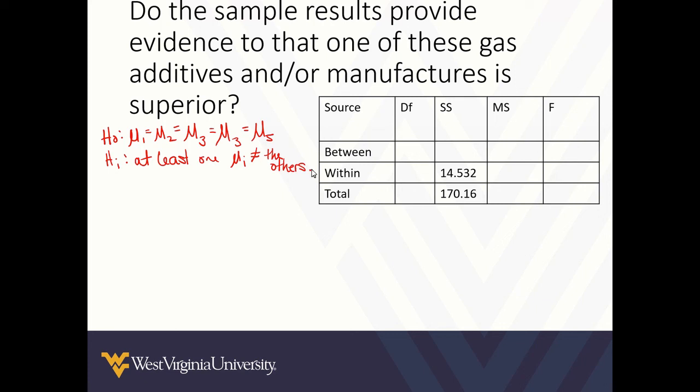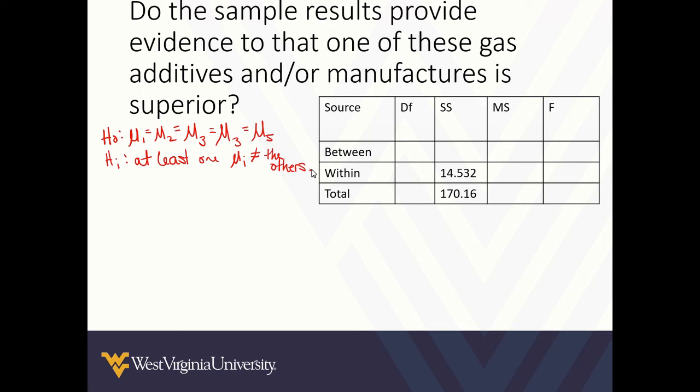And as we are not using statistical software in this course, I will either provide you with the ANOVA table that you would need for this, or I will, as I did here, give you a partially filled in ANOVA table and you need to fill in the rest.